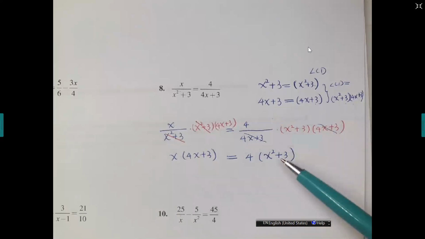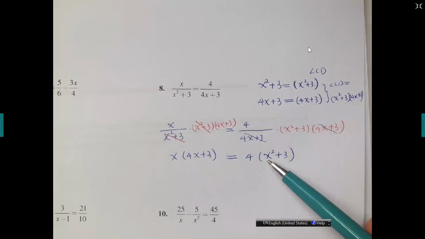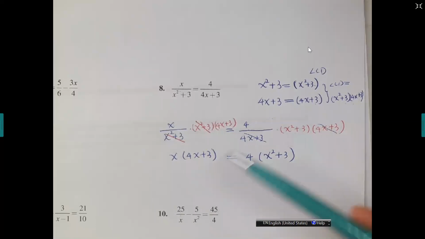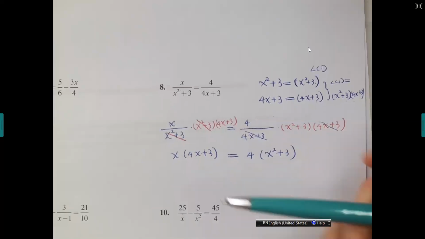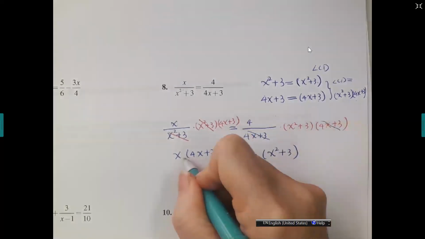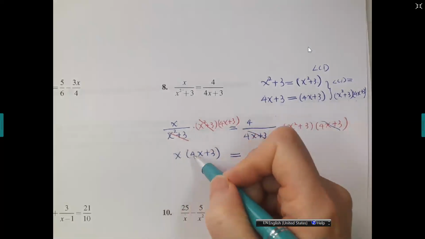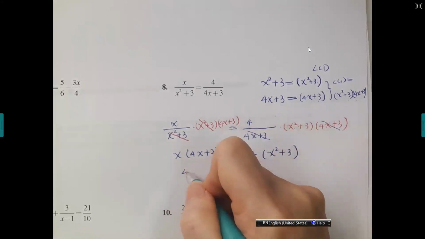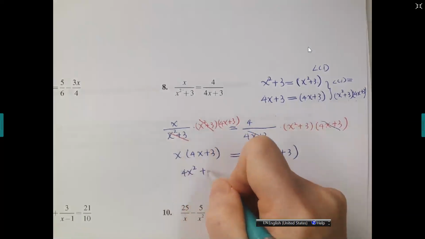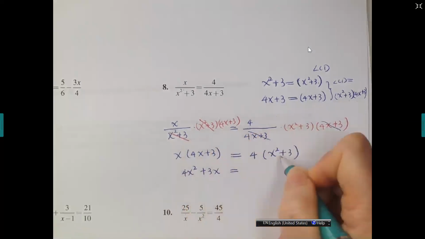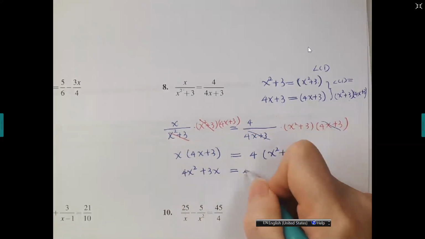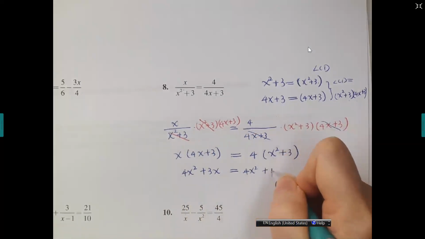What equation do we have? It depends on what is left. I did see the square term. It turns into a quadratic equation, but still we have to remove all the parentheses first. We apply the distributive law, x times 4x, 4x squared plus 3x equals 4 times x squared plus 12.